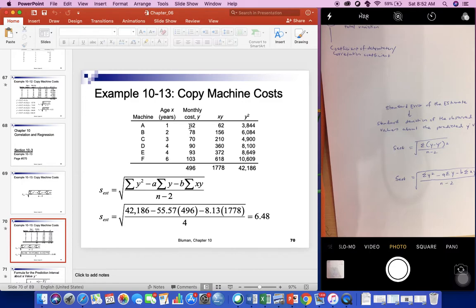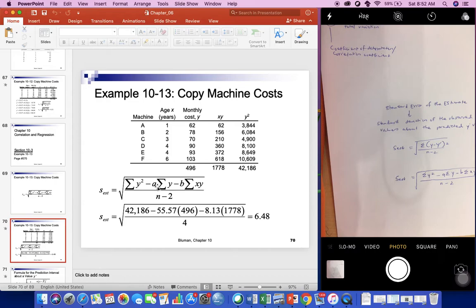For each y, 62 for example, you must square it, so you get 3,844. Try to find all the summations here, and you will get 42,000. Put it in here.